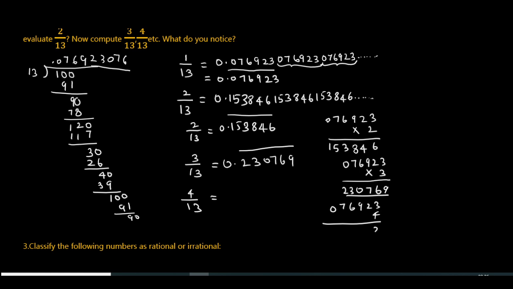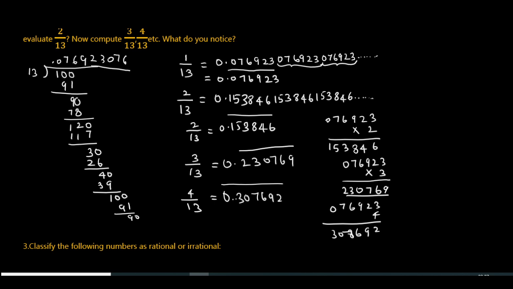Multiply this: 12, 9, 36, remaining 6, 24, 28, remaining 2, 24, 12, so 307692 here. 0.307692 bar.